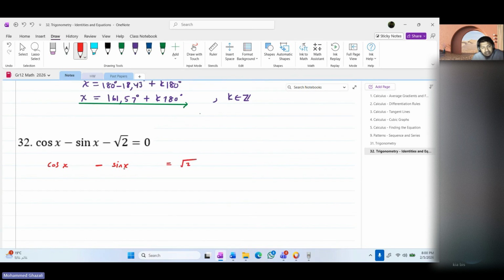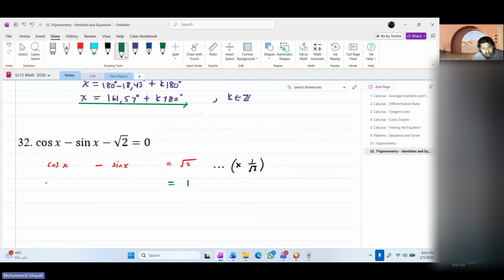Now there's a reason why I left this. What we're going to do here is divide everything by square root of 2, or multiply it by 1 over root 2. See how difficult this problem is to think about. So if you multiply both sides of the equation by 1 over root 2, you'll get 1 here. Root 2 times 1 over root 2 is 1.